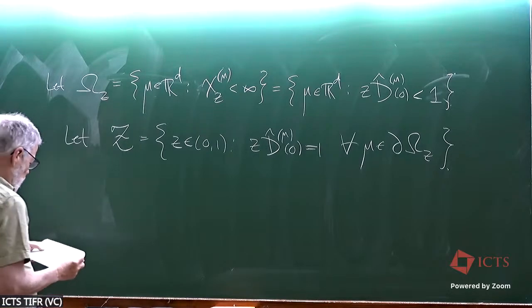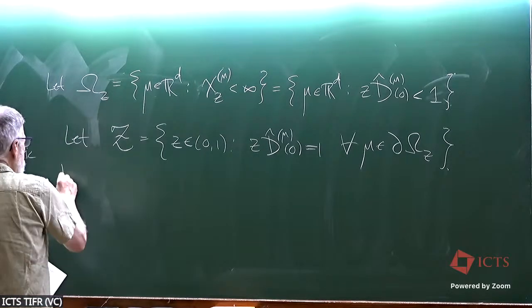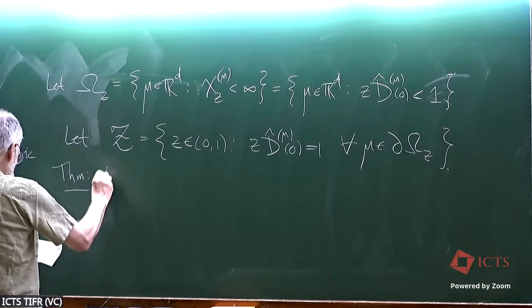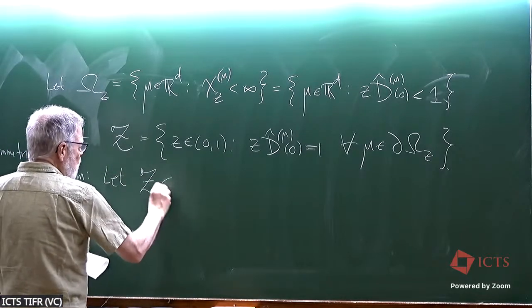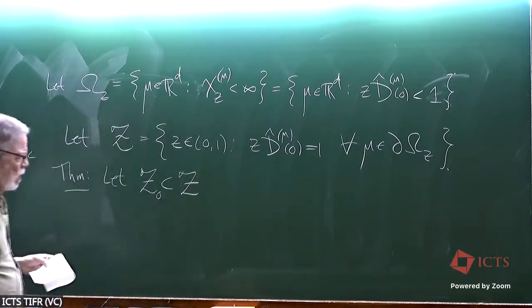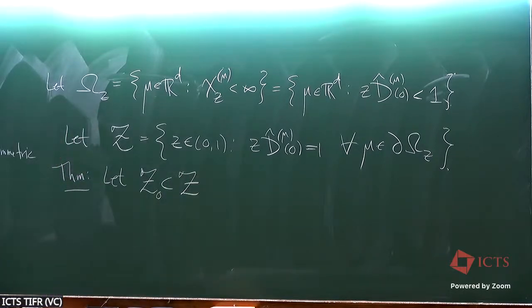Okay, then theorem. Suppose that we have some subset of this Z. Basically, I want to avoid being too close to 0. So this Z naught is going to keep us away from z equals 0.